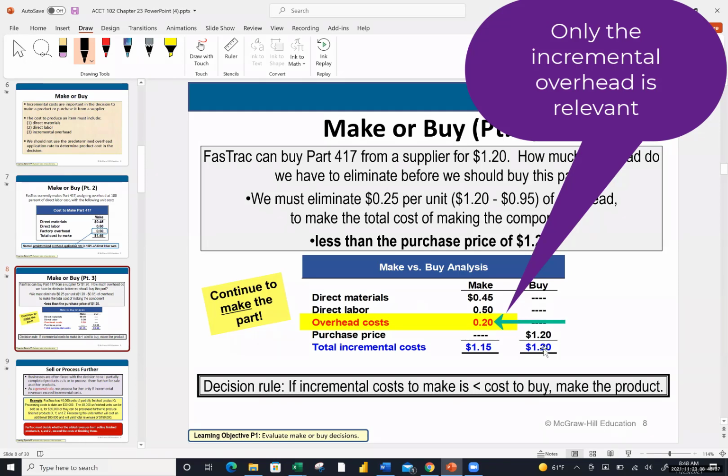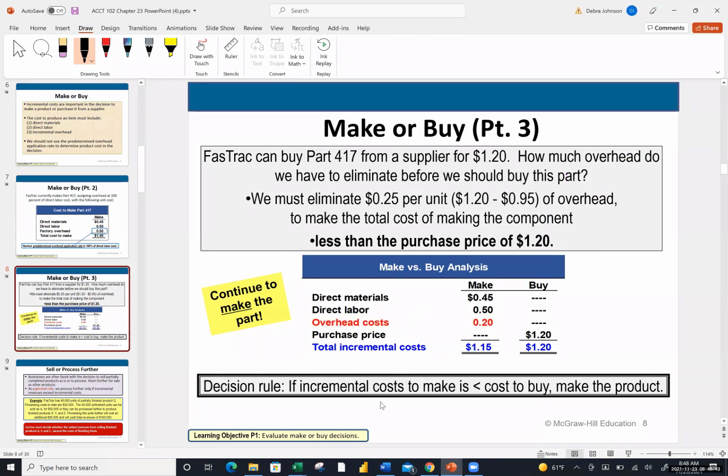And based on this slide, it looks like we could make the part cheaper than we could buy it. And then they'll talk to you also in the book about incremental costs and getting rid of specific types of overhead. And the better way to learn this chapter is to dive in and do them.